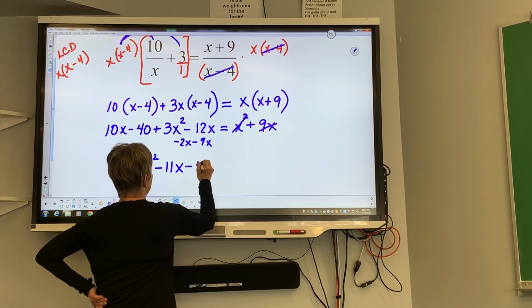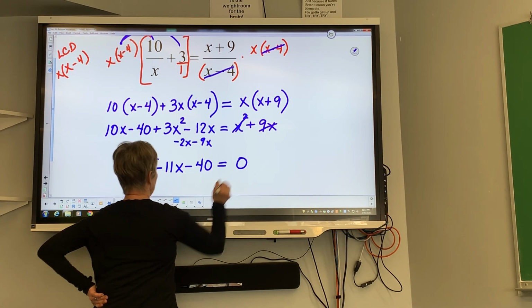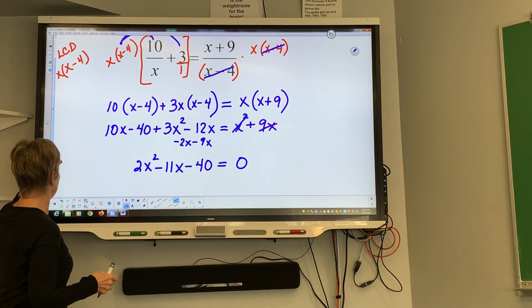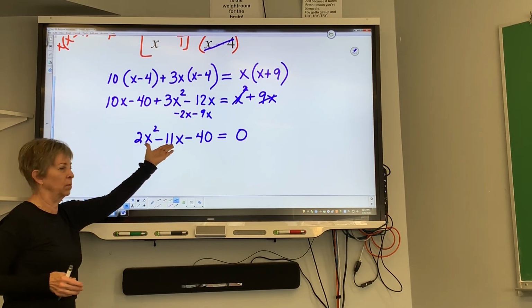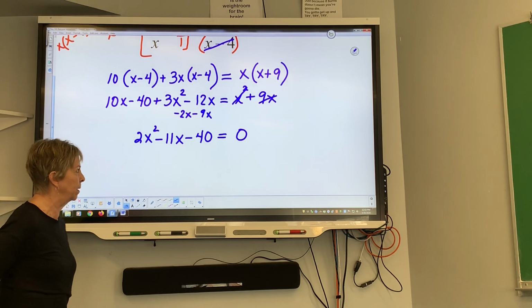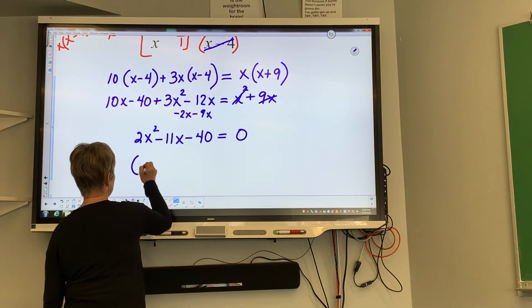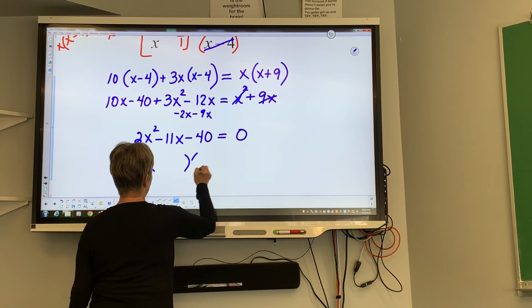And then I have my minus 40. Okay, now I can't divide both sides by 2 here. I don't want to because I'd get 11 halves there and then I won't be able to factor it. So I'm just going to try to factor this as is.